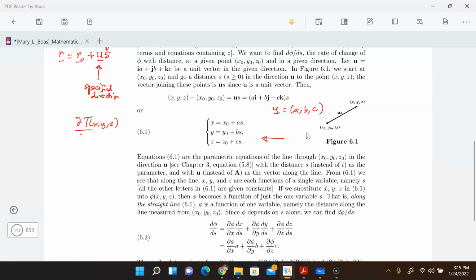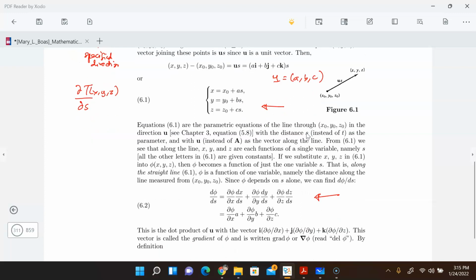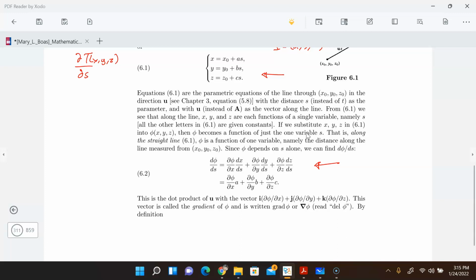So in this case, we want to know the directional derivative along this direction u. That would be given by this chain rule. You can think of your T just now as given by phi.